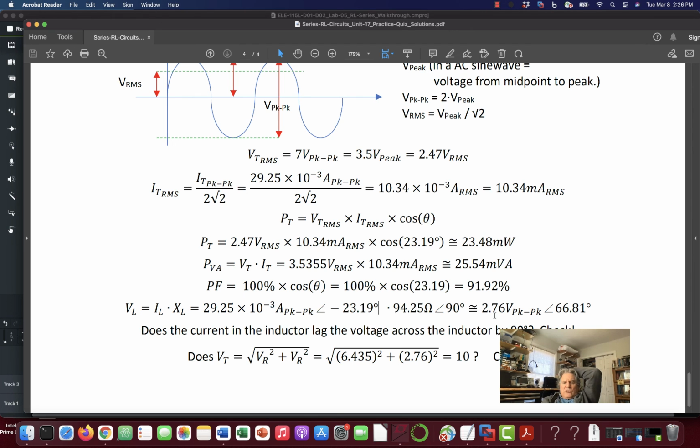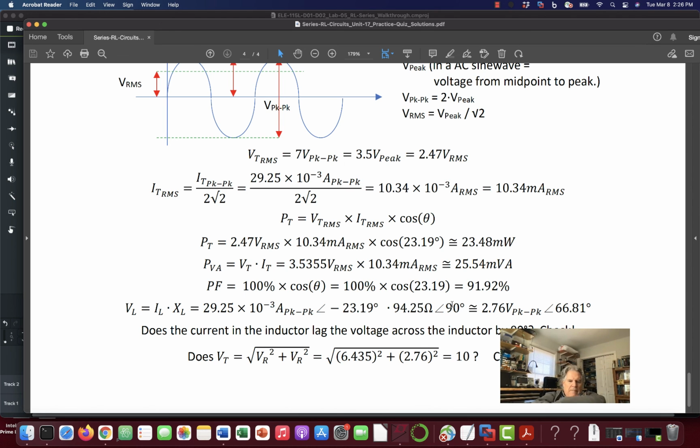That gives you approximately 2.76 volts peak to peak at 66.81 degrees. Does the current in the inductor lag the voltage across the inductor by 90 degrees? It does. And it's simple because that factor of 90 degrees just adds 90 degrees in the multiplication.